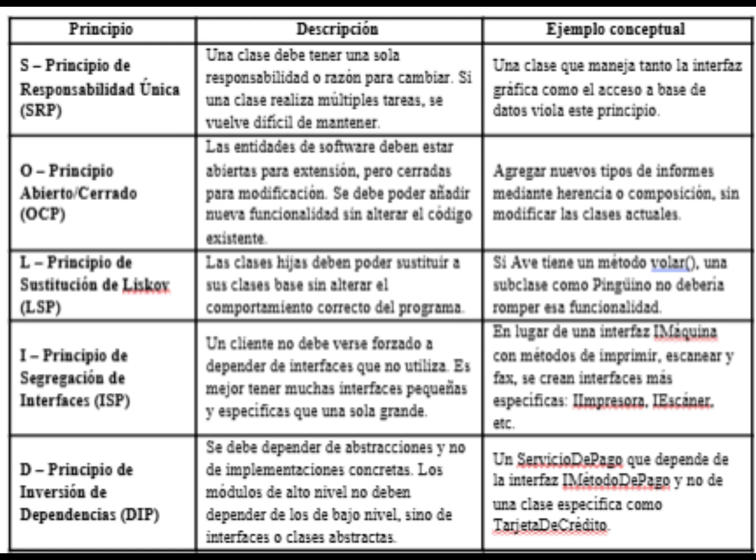The Liskov substitution principle states that subclasses should correctly replace their superclasses. The interface segregation principle proposes dividing large interfaces into more specific parts, and the dependency inversion principle encourages dependency on abstractions rather than concrete implementations.